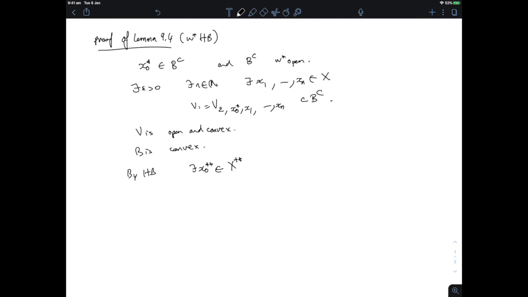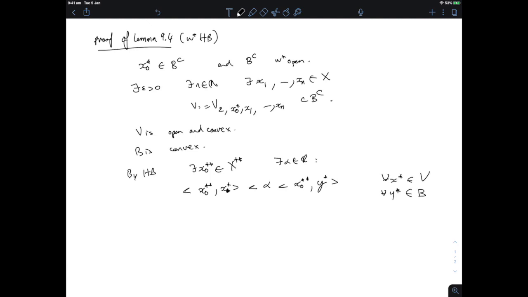So there exists an element x naught double star in capital X double star, and there exists an alpha in R such that x naught double star tested on x naught star is smaller than alpha, and that is smaller than x naught double star tested on y star. That's not just x naught star, it's x star, and that's y star, and that's for every x star in V and for every y star in B.